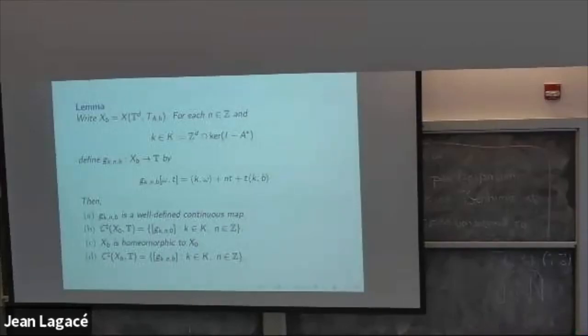So you can use them as representatives for all homotopy classes. So you do this first for b equal to 0, and then you somehow relate X_0 and X_b, and therefore get the resulting statement for the general case.